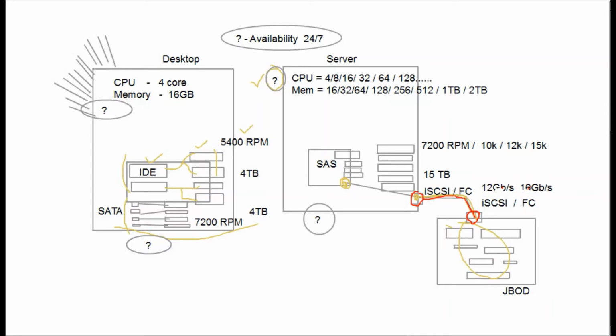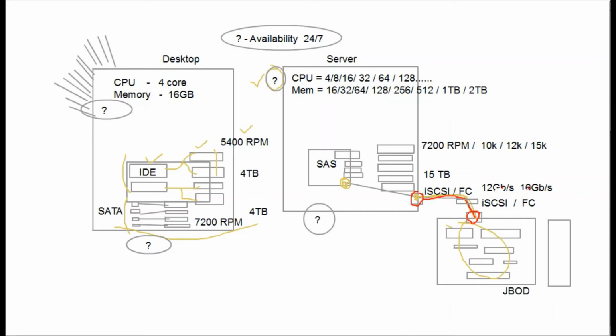So like this, I can attach to my server. More and more disks means more and more space requirement. So I can simply add more and more boxes by placing a switch in between at the storage, and you can add more and more storages now.